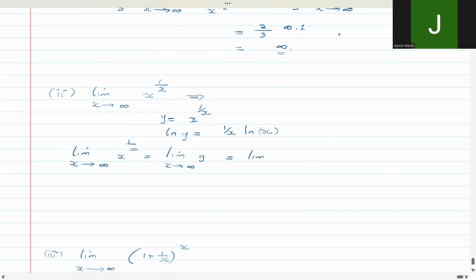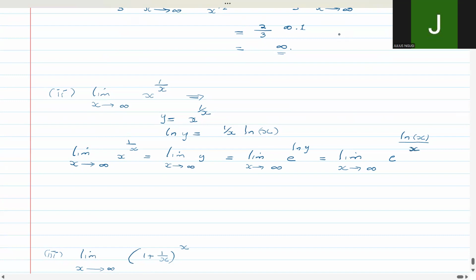Now, exponential of natural log of y is still y, but now our natural log of y is ln of x divided by x. So this becomes the limit as x approaches infinity of e to the power ln of x over x.